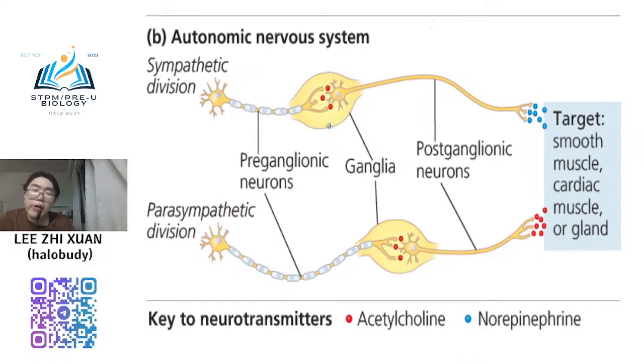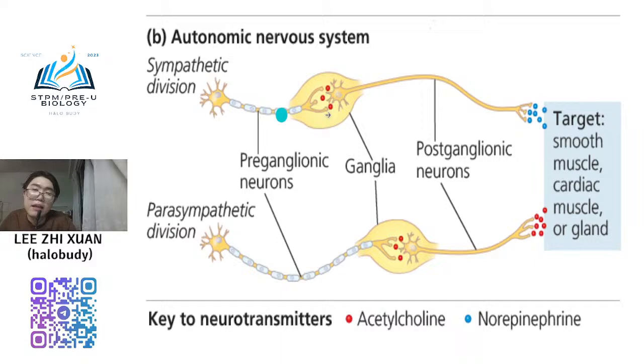Okay, so I already mentioned that in our nervous system, we have afferent neurons and also efferent neurons, right? All this you already know. For this kind of pathway, it normally involves two efferent neurons.